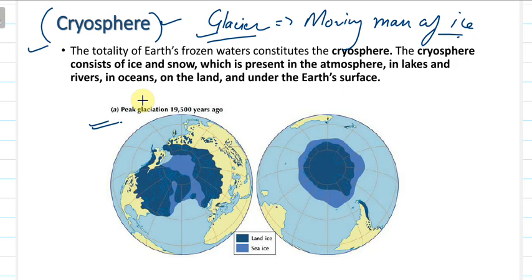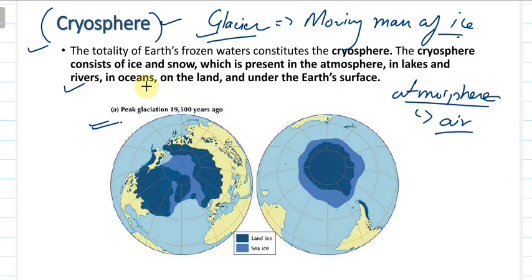Similar to atmosphere, which is that region of the earth which contains air, that is atmos, the region of the earth where there is ice and snow is known as cryosphere. So cryosphere consists of the ice in rivers, oceans, on the land and under it.